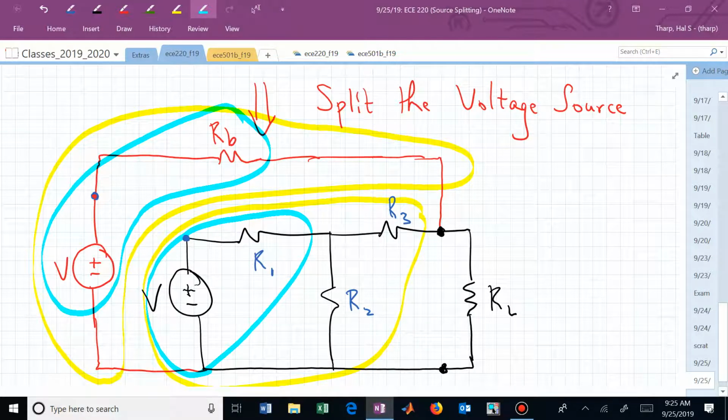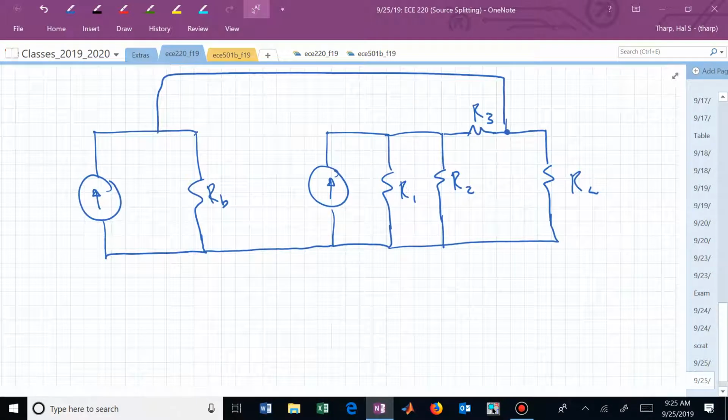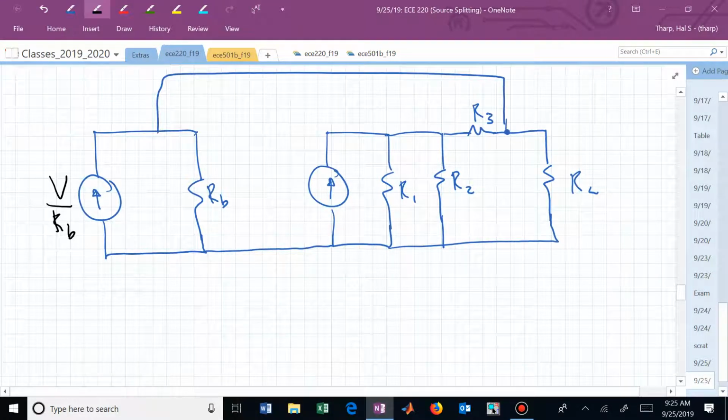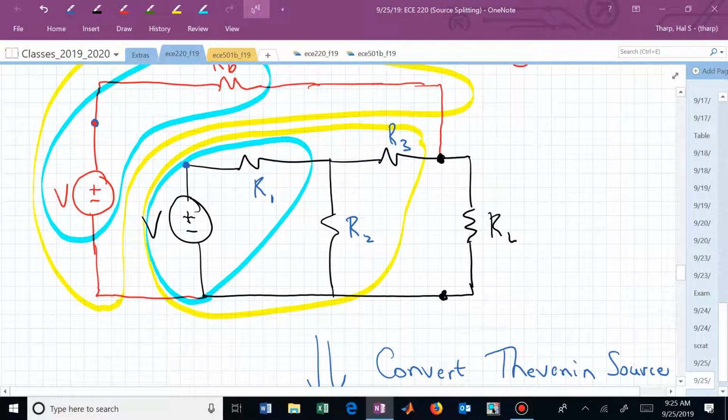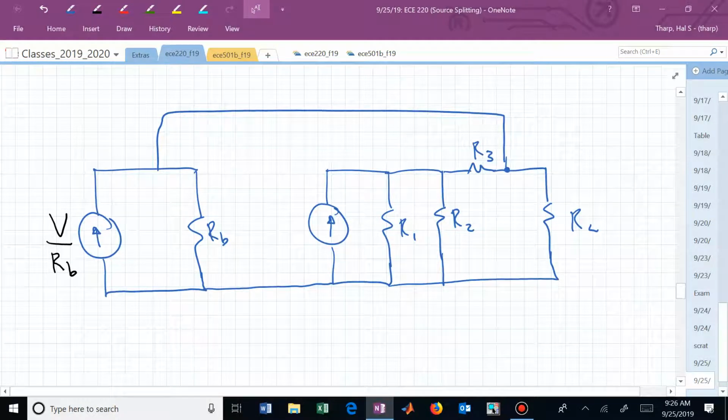That's V over R, where V is V and R is R sub B. On the left then, down here I have V over R sub B. What do I have in this lower blue highlighted Thevenin if I want to convert that to a Norton? R1 is now going to be my resistance, and here I have V over R1.